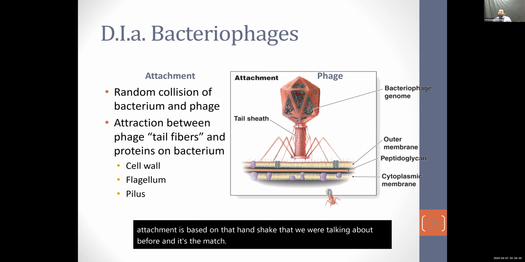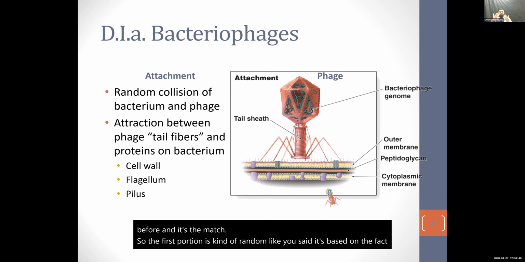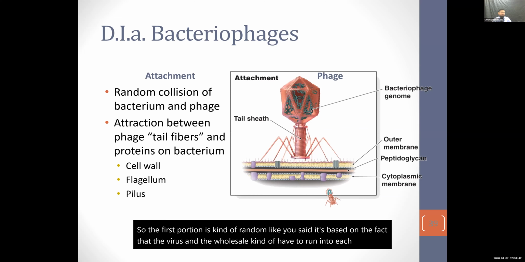So the first portion is kind of random. Like I said, it's based on the fact that the virus and the host cell kind of have to run into each other first. And understand that you as a human or any animal altogether are millions and millions and actually billions of cells, okay? So for that virus to finally find its ultimate host, it actually takes some time too. So just because it hits your face doesn't mean it's found its final host, okay?